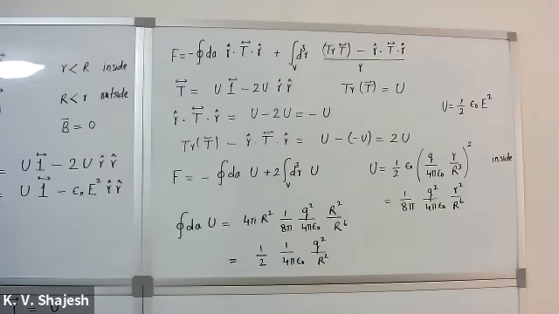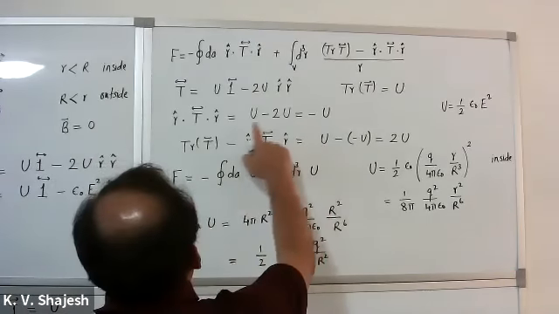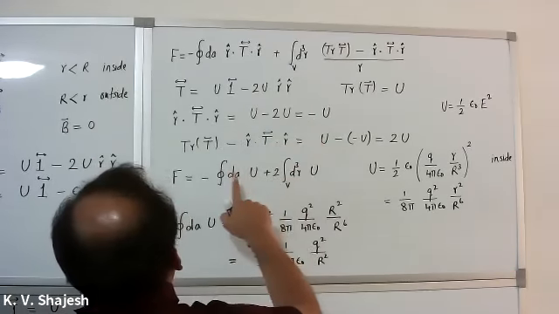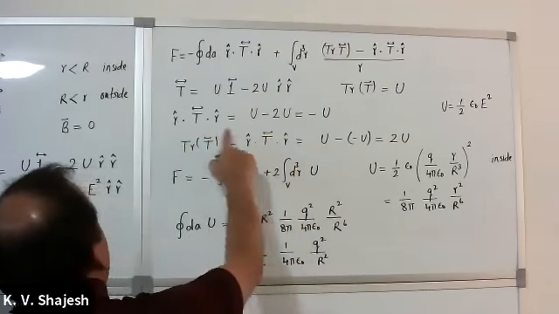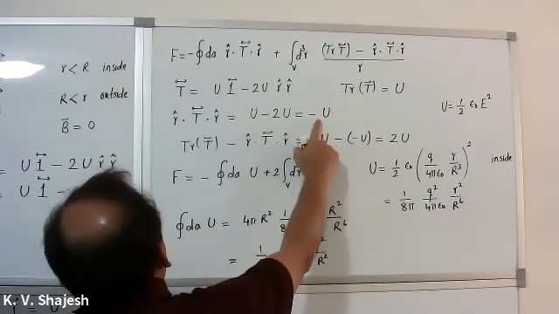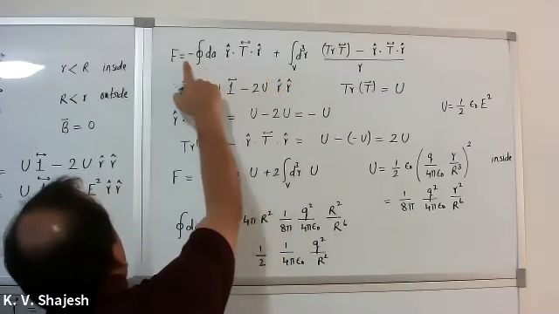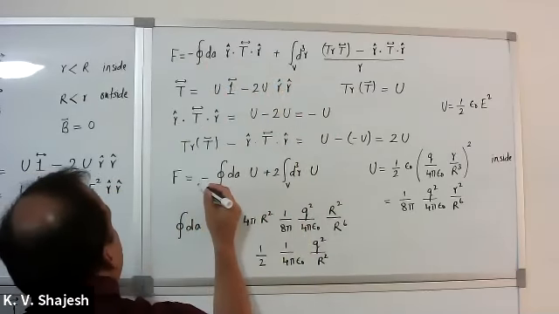Did I miss a sign here by any chance? Let me make sure I'm doing this all okay. R hat. Yeah, so this was R hat. Yeah, this should be plus, right? So there's a small mistake here. This was minus. When I substitute this in there, there's already a minus sign, so that becomes a plus.